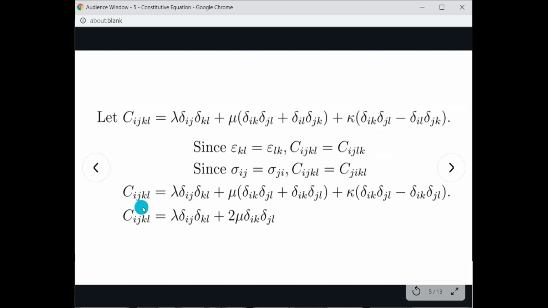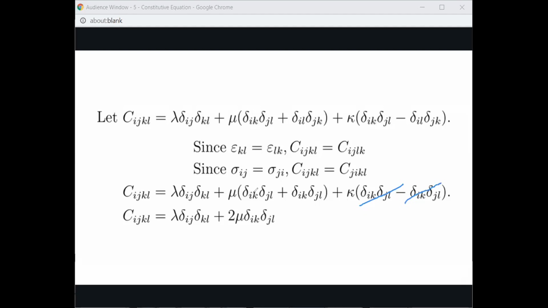Therefore, this one will become like this. Okay, what happened? So the kappa disappeared, no? The kappa disappeared because the I K J L, the I L J K is just equal to I K J L. So this will be cancelled.